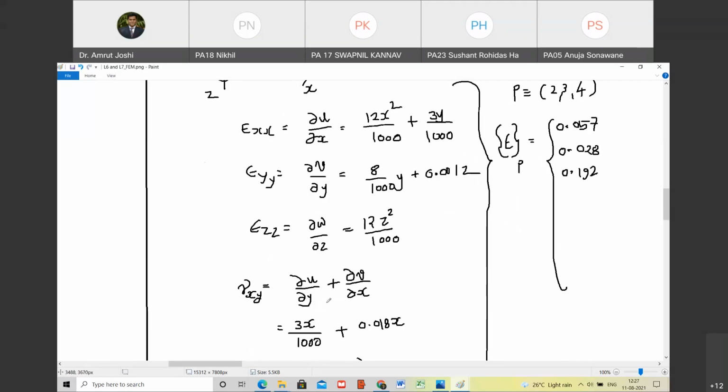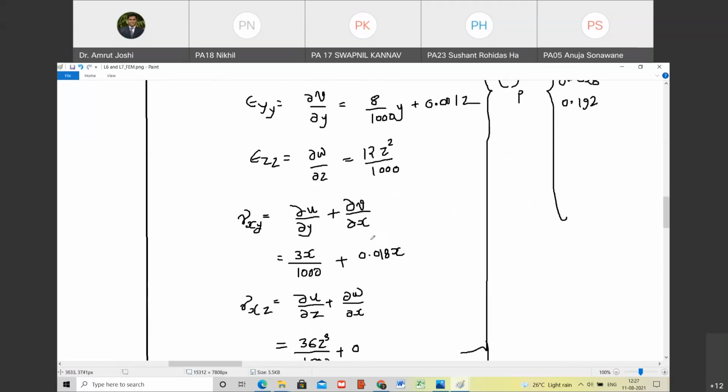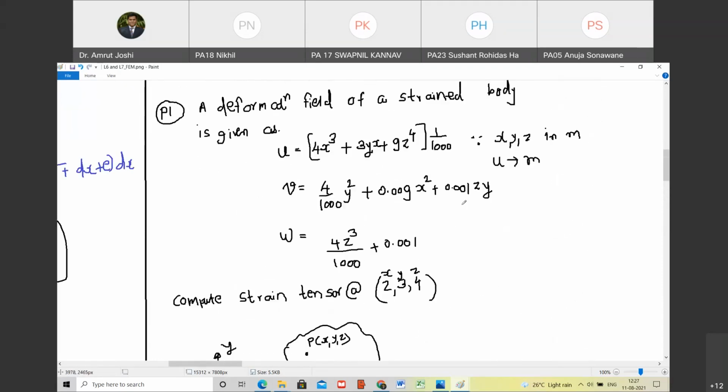Gamma xy. X to be substituted as 2. It is 0.042. The earlier 0.192 is correct, right? Yes, sir.